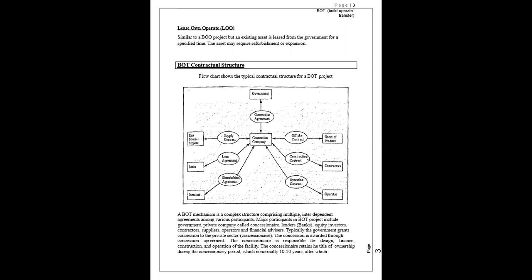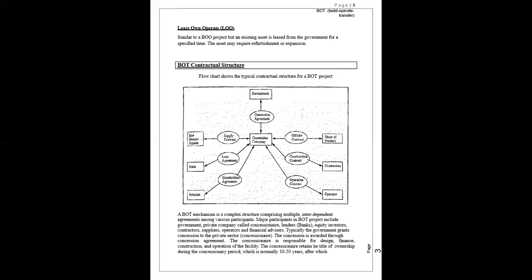So raw material supplier, is that raw material supplier having a contract or agreement with government? No. That raw material supplier is having a contract with the concession company to whom that particular project is given.